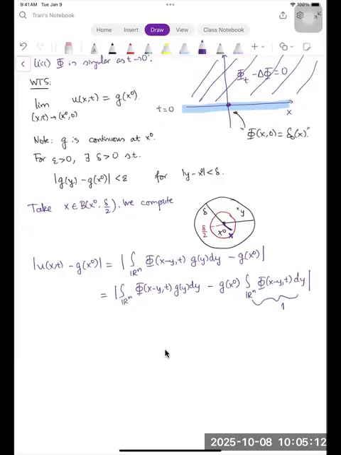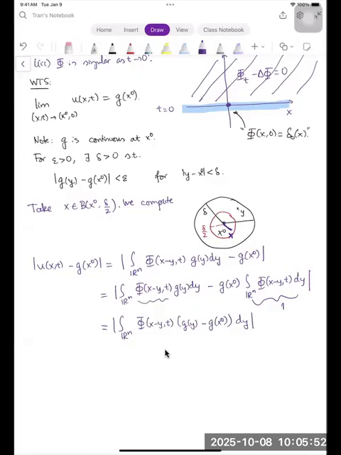It doesn't change the value, but the fact is that 1 is exactly the total mass of phi. And this allows us to have a common term here, so we can group them together. So this equals the integral over Rn of phi(x minus y, t) times g(y), and remember g of x naught is a constant with respect to y, so I can put it inside the integral, dy.